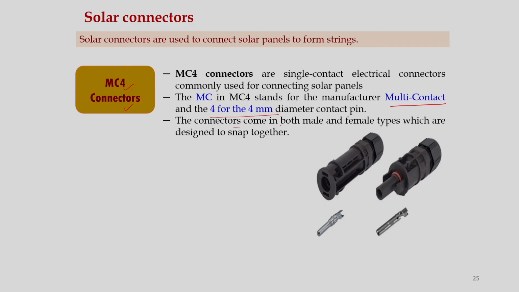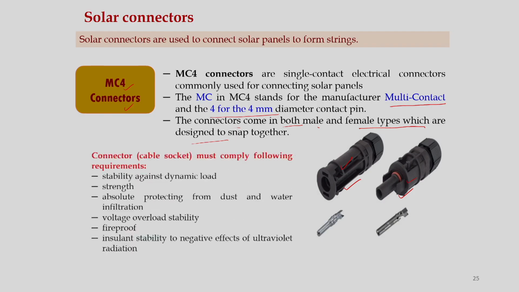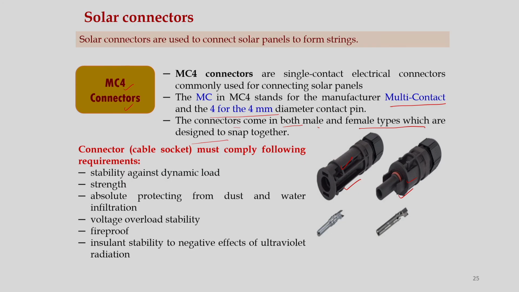These connectors come in both male and female type, which are designed to snap together. It looks something like this. So, female component, male component. These are classified something like this, and these connectors must comply with the following requirements. What are those requirements? Like stability against the dynamic load, because with respect to irradiance and temperature, the load will vary.